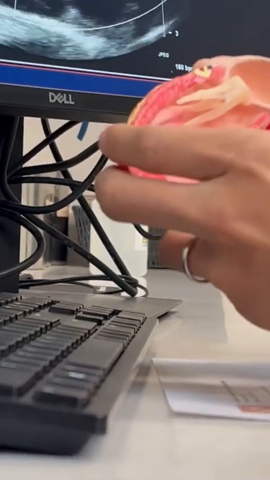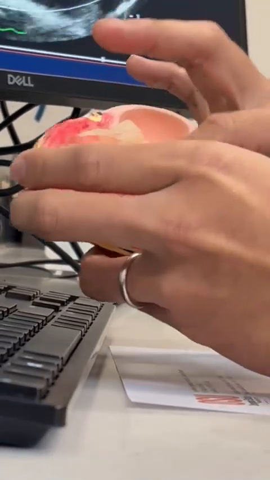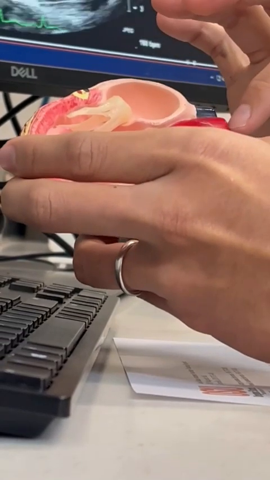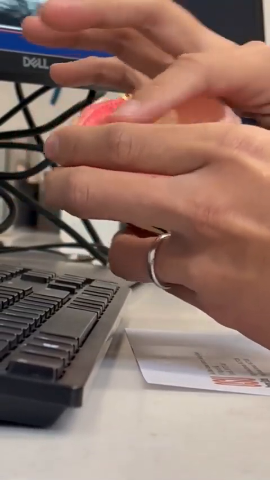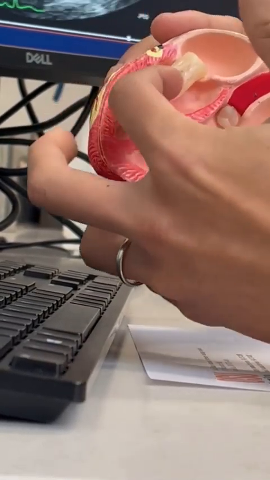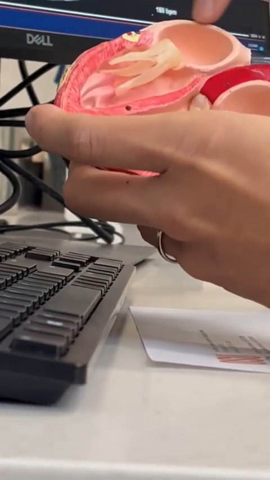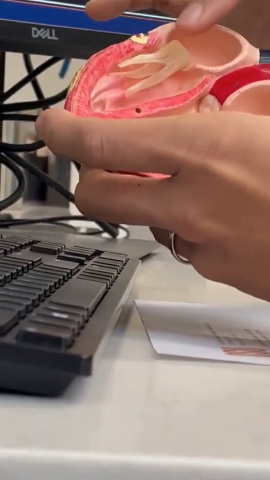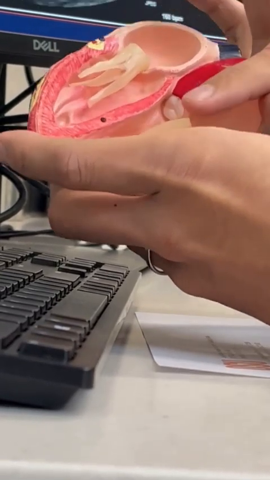Normally, the blood flow shouldn't be in this direction, because in the left-sided heart and the aorta, the pressure is always higher than on the right side. The reason the blood flow is going in this direction is that the pressure in the right-sided heart chambers is higher than in the left side, which is abnormal.